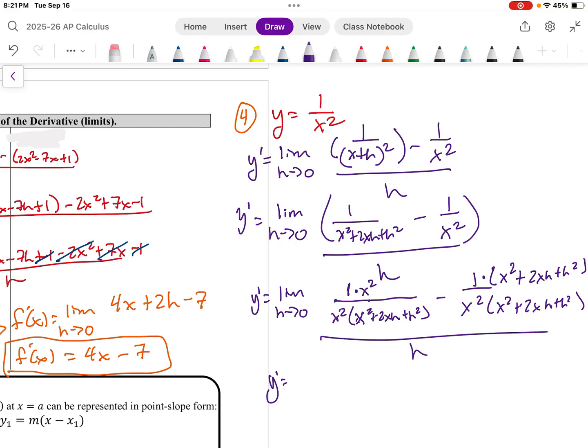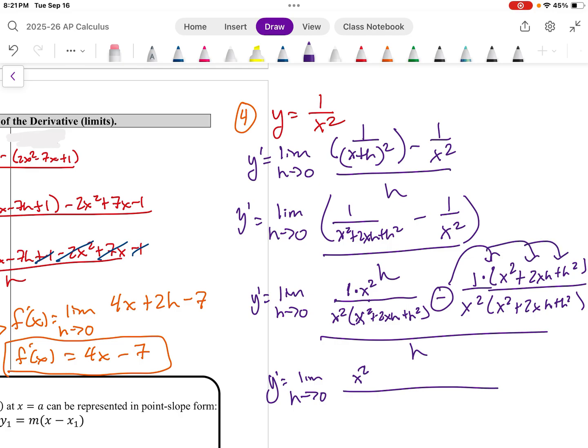So y prime is equal to the limit as h approaches 0. On top, I have x squared. And then I have minus, I get to change the sign here. I get to take this negative and distribute it to each of those things.